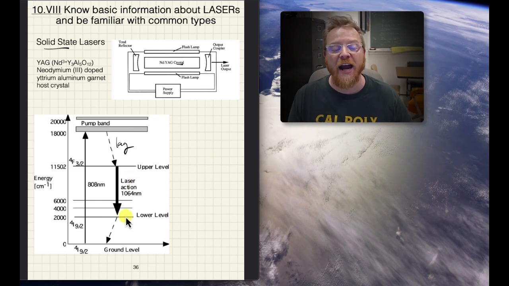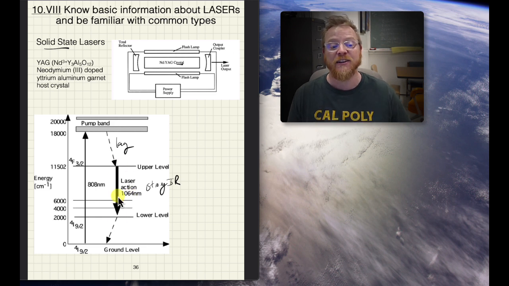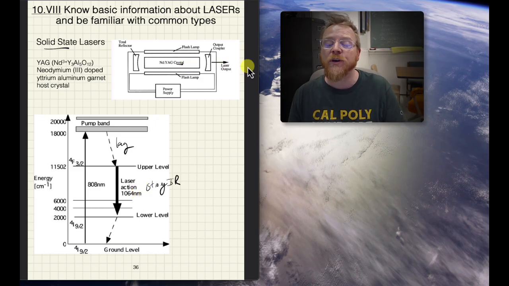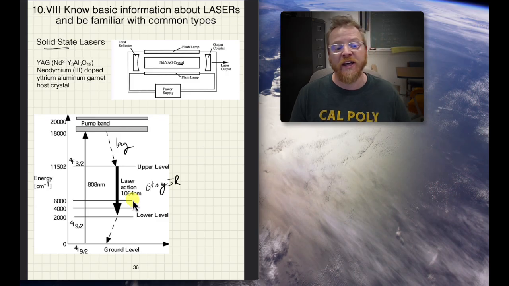And then the neodymium laser action will also give you a very strong IR line. So that 1064 nanometer is in the IR, and you usually get a very intense line from the YAG. And oftentimes this can be constructed in a way, or it can be coupled with another device that will give us harmonics of this line.